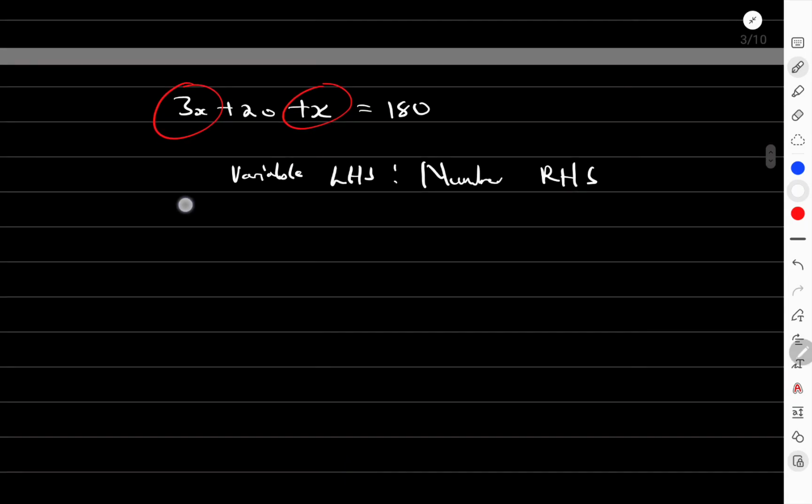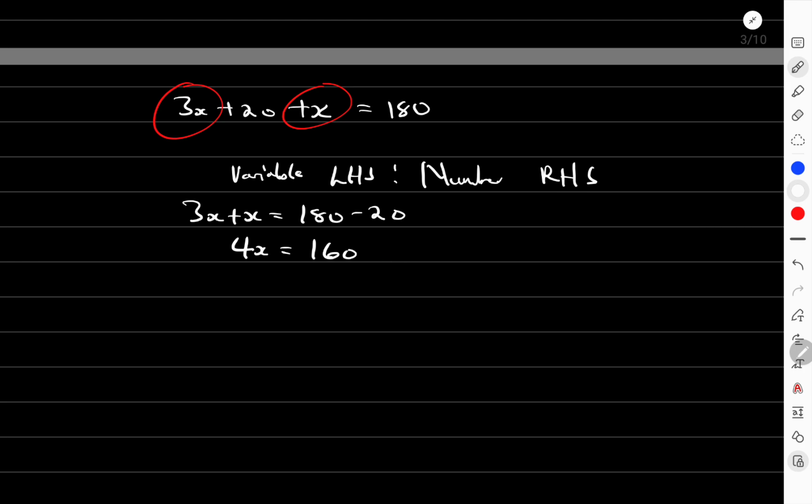Therefore I'm going to have 3x plus x equals 180 minus 20 degrees. The 20 is positive on the left hand side, therefore it is going to be negative on the right hand side. If I want to group the 20 with the 180 degrees, it becomes negative 20. 3x plus x is 4x, because 3x plus 1x is 4x. 180 minus 20 is 160 degrees.